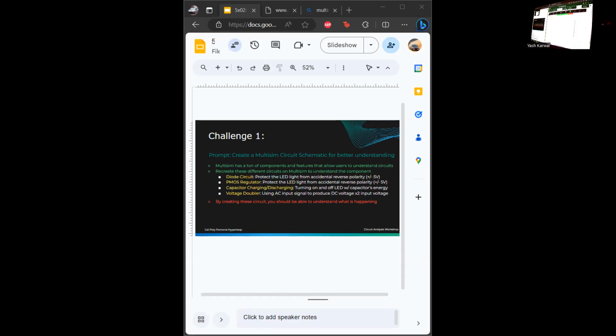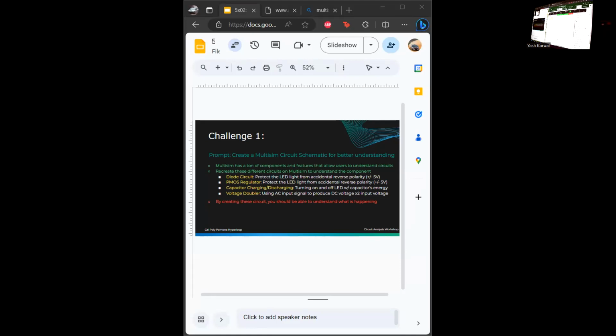So you have a voltage source, right? This is, I don't know, 5 volts. This is going to be connected to a capacitor, and this is going to be connected to a switch.